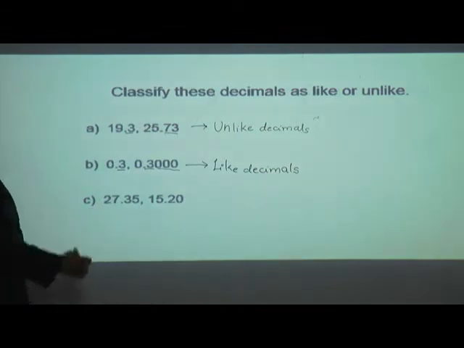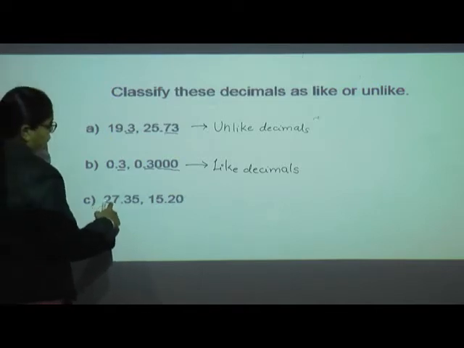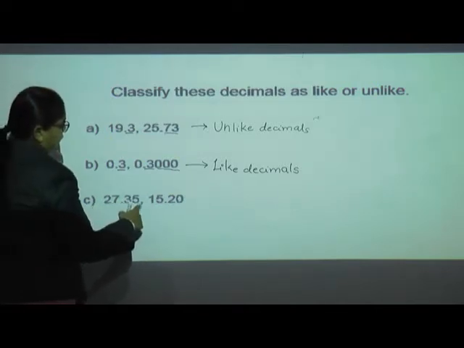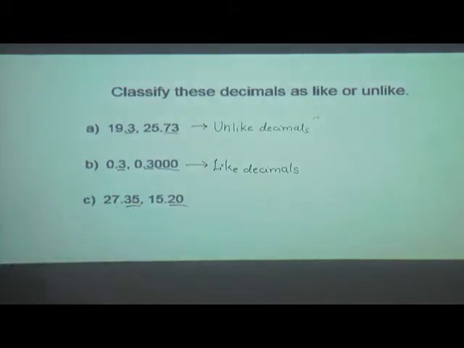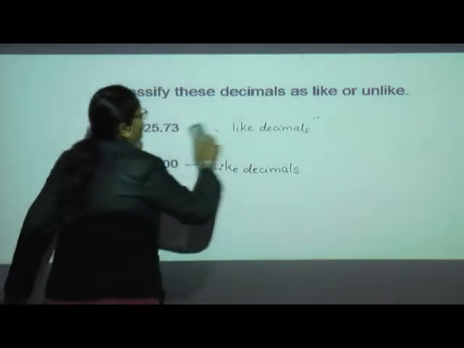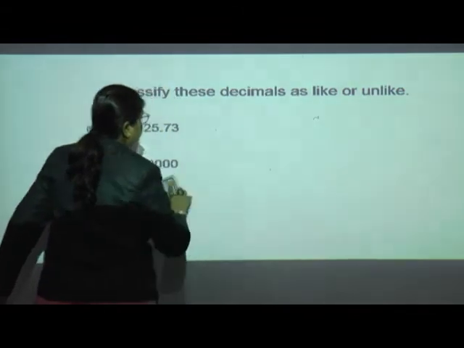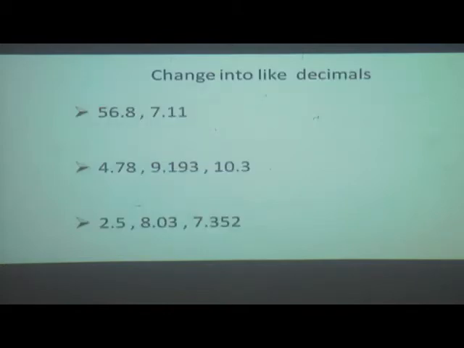Here, what will it be? 27.35 and 15.20. Here we have 2 digits, so we can say it is like decimal. So in this way we have explained the classification of what like decimals are and what unlike decimals are.